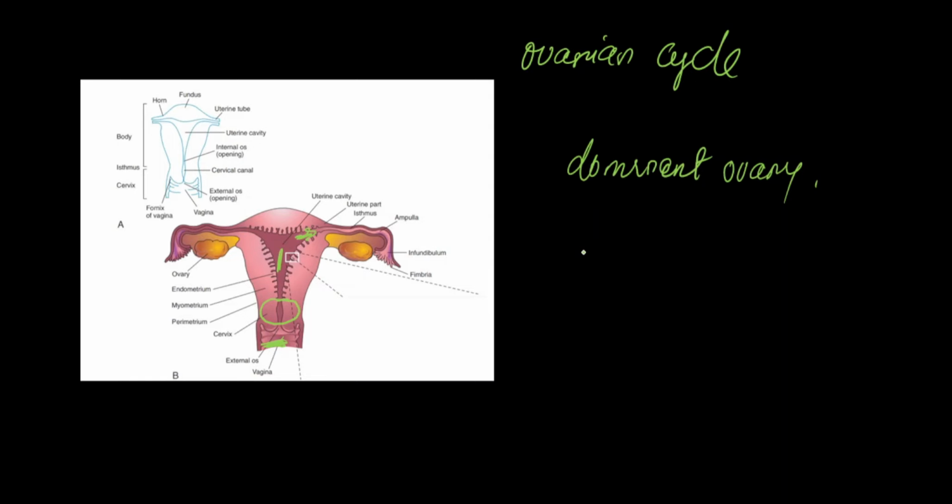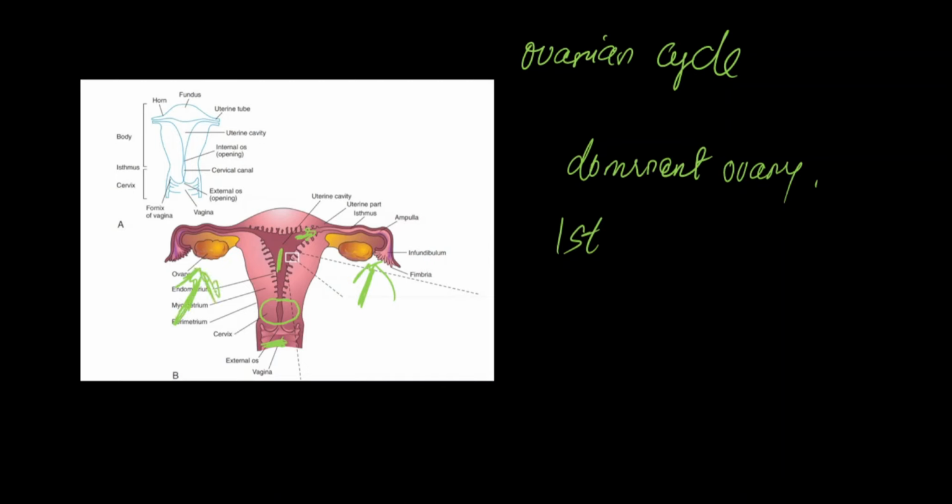The dominant ovary is the ovary in that ovarian cycle that produces the dominant follicle. Essentially, it's the ovary that releases the ovum in that ovarian cycle, and it alternates. So for the first ovarian cycle, just as an instance, we could have this ovary releasing the ovum, and then for the second ovarian cycle, we could have this ovary releasing the ovum.